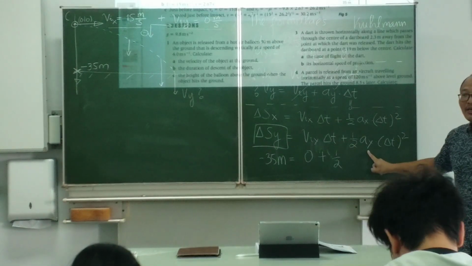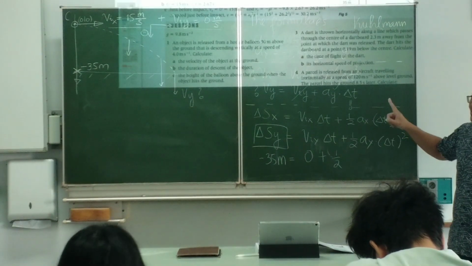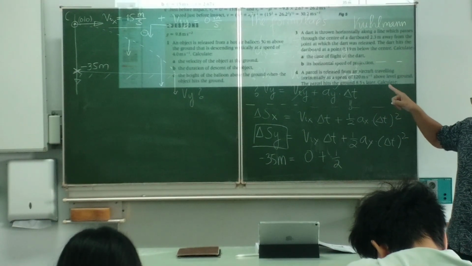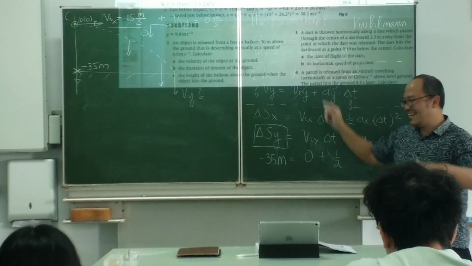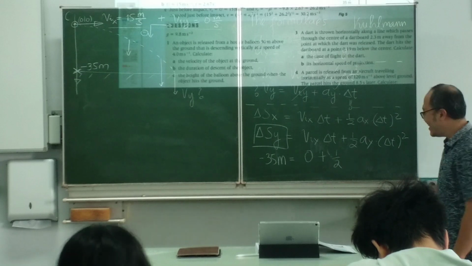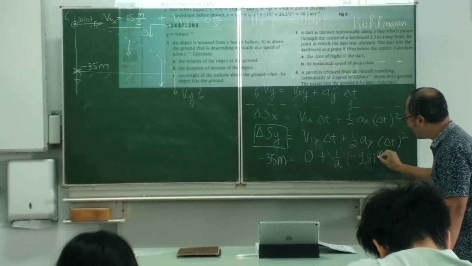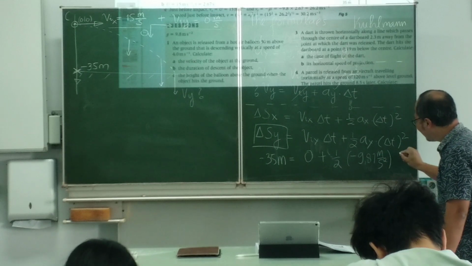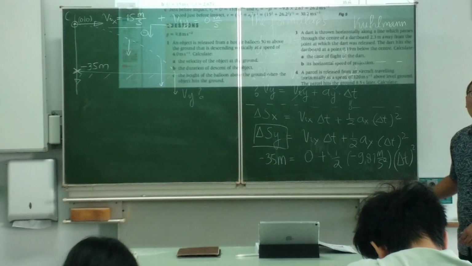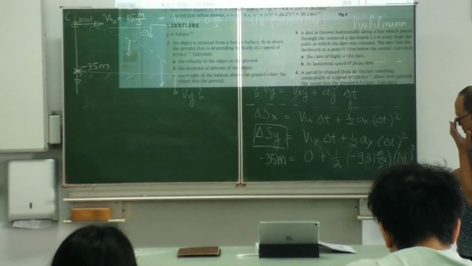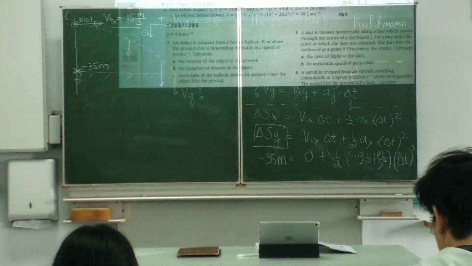What is the acceleration in the y direction? 9.81 meters per second squared. Can you now calculate delta t, everyone? Is it clear now?